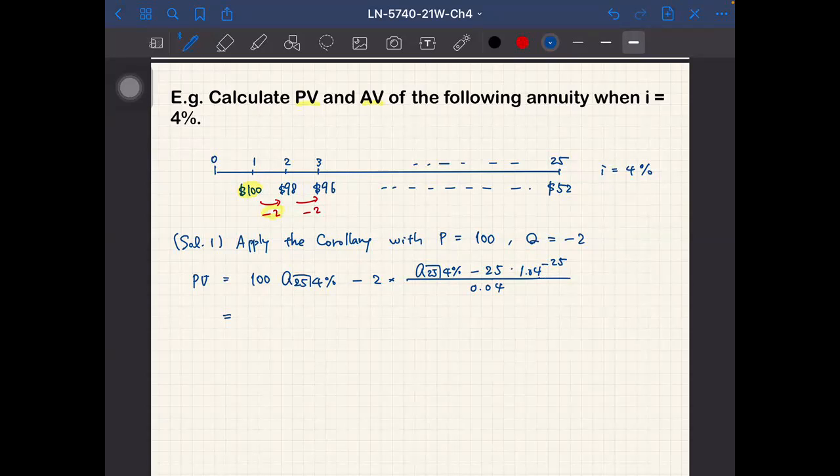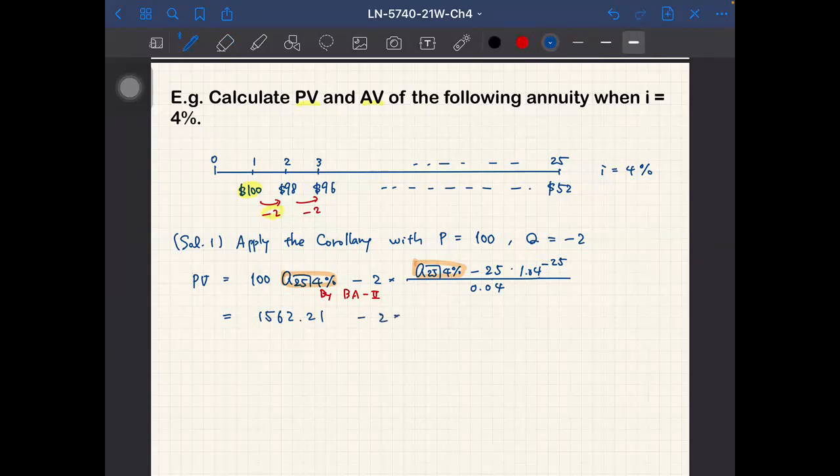You can calculate this part in the BA II Plus. Then you get this number as 15.6221, so 100 times 15.6221 is 1,562.21.